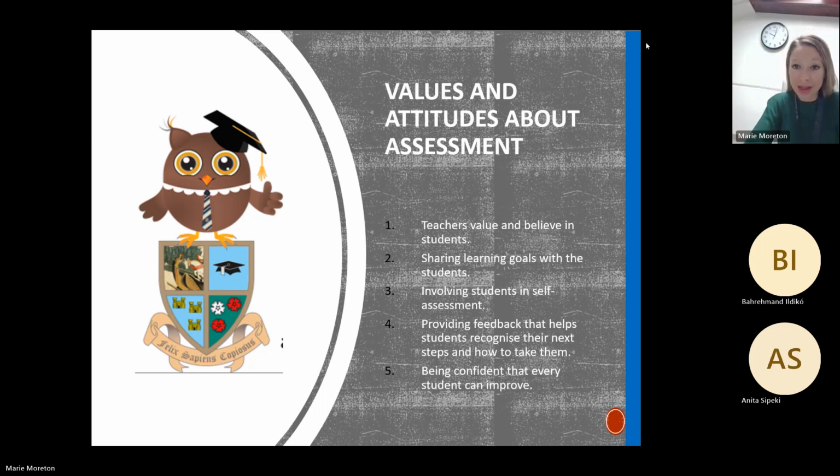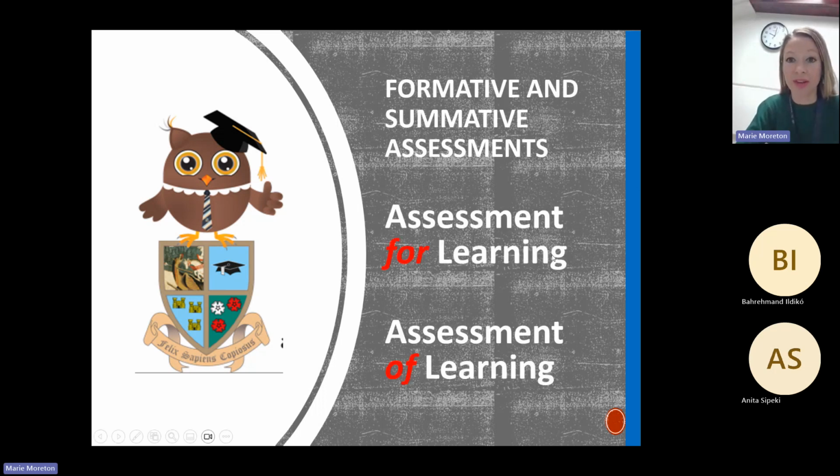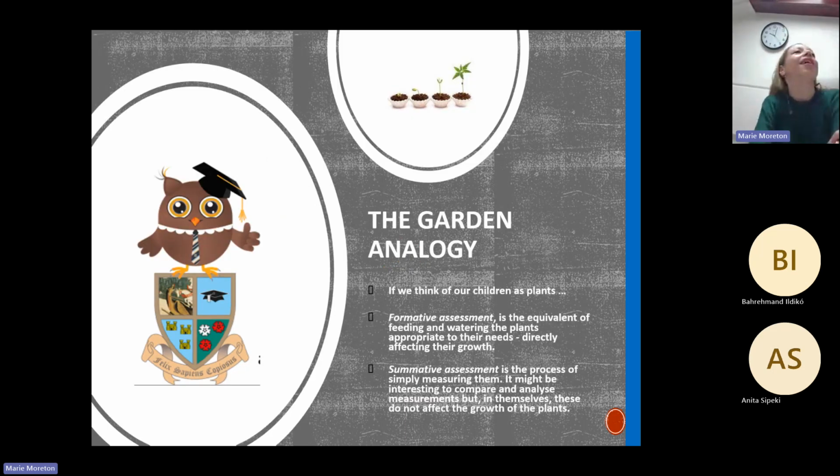Now, there are two different types of assessments that we do at Britannica. One we like a lot better than the other. So we have assessment for learning and assessment of learning. We prefer assessment for learning. So if we think of this as the garden analogy, if we think of our children as plants, if we're using assessment for learning, or another way of calling it formative assessment, it's a little bit like we take regular measurements of the plants as they grow and we make little adjustments based on their growth.